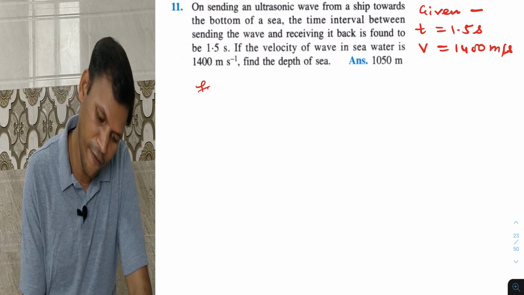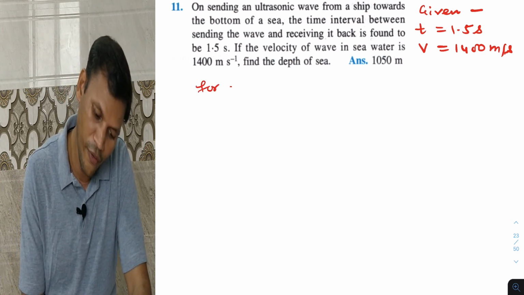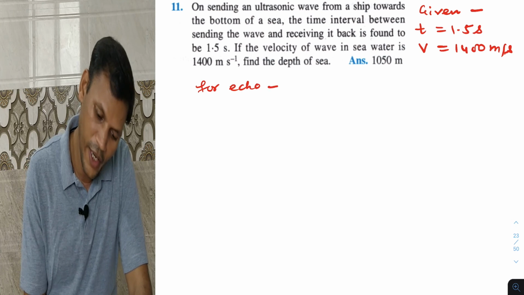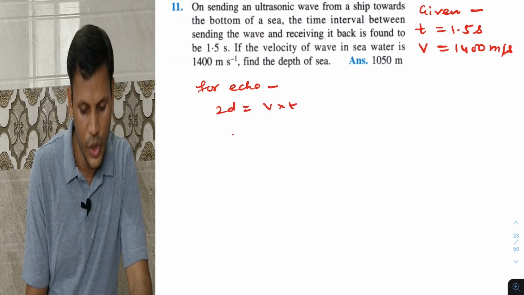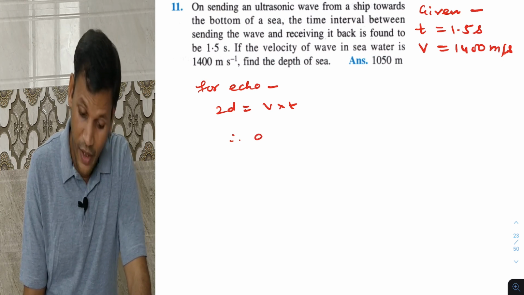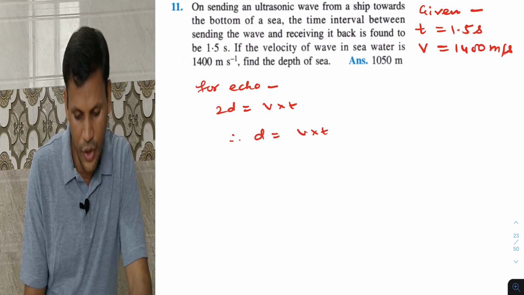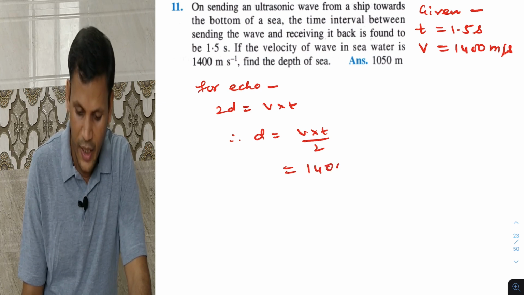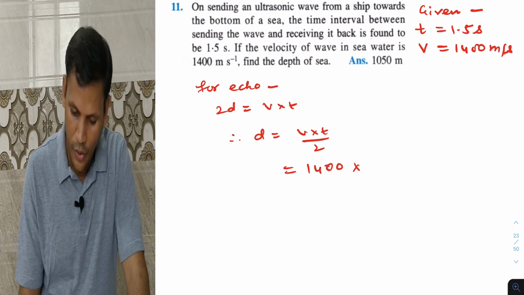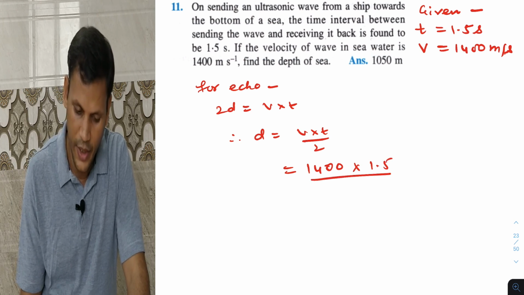So we can write for reflection or for echo, 2d is equals to v into t. So d will be v into t by 2. So v is given 1400 into t is given 1.5 by 2.